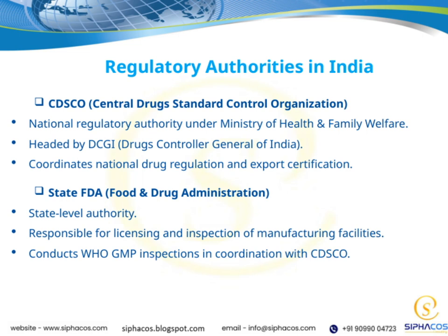Understanding how these authorities work together helps us see the comprehensive approach India takes toward ensuring drug safety and quality. It's a layered system that combines national oversight with regional enforcement, which is crucial in maintaining high standards in the pharmaceutical and food industries.